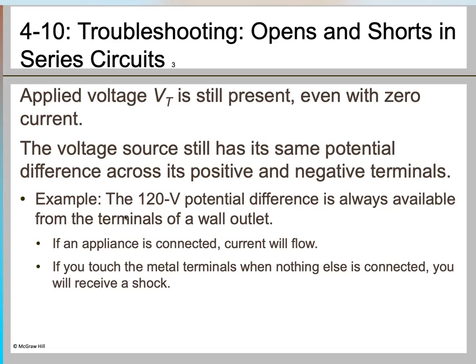You connect an appliance to the wall outlet, and then current starts flowing. If you touch the metal terminals when nothing else is connected, you will receive a shock, which you should never do. It's just for understanding that when you connect an appliance to the wall outlet, it creates a series circuit, and then current starts flowing and your appliance starts working.